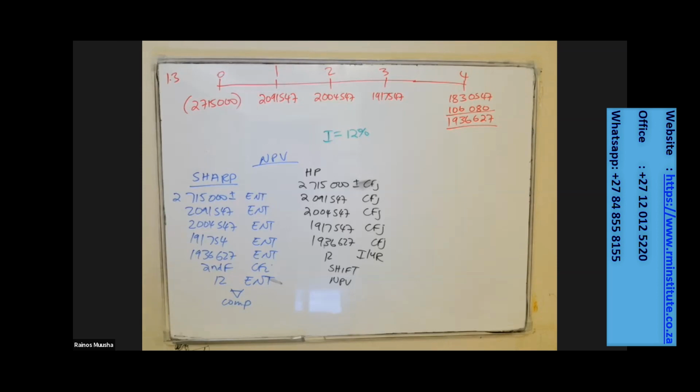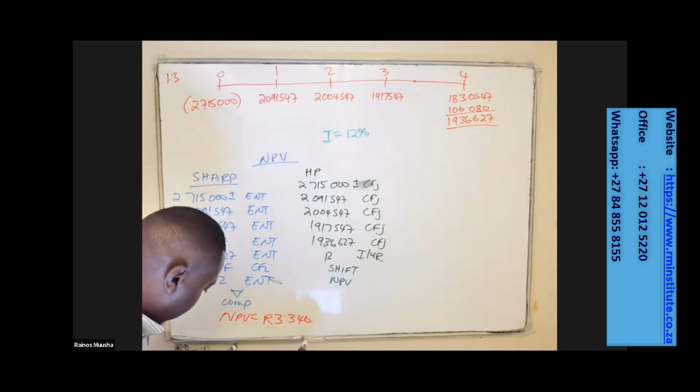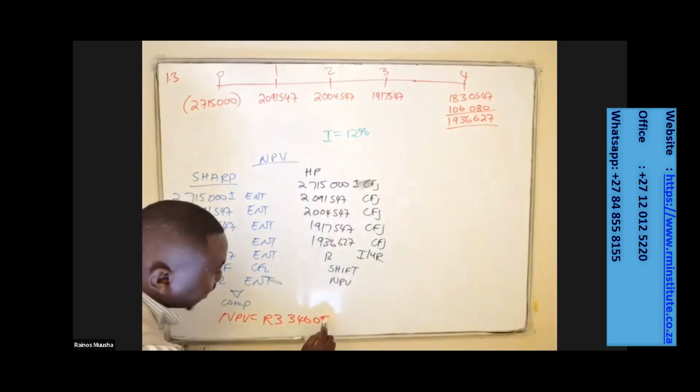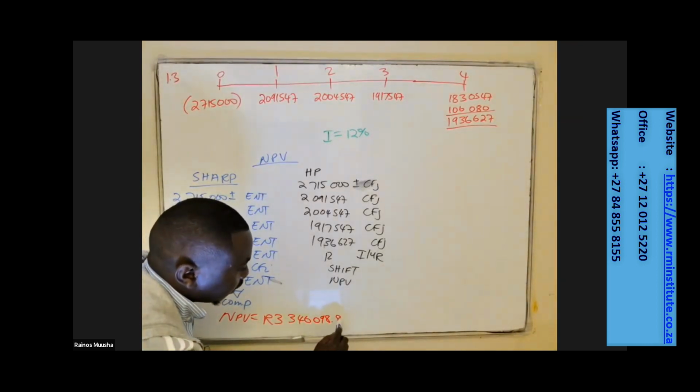So you must be able to get a net present value which is equal to 3,346,098.82. Are we getting the same amount?